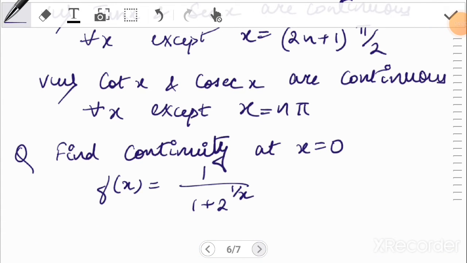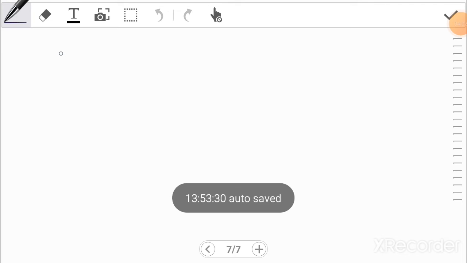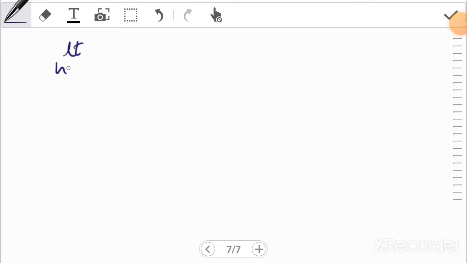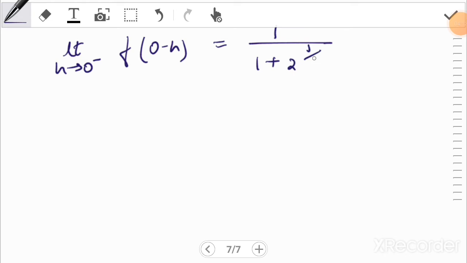So let us check the left hand limit. As h tends to 0 minus, f of 0 minus h is 1 by 1 plus 2 power 1 by minus h, which is 1 by 1 plus 2 power minus 1 by h. If h is 0, then 2 power minus infinity is 0, so the value is 1.